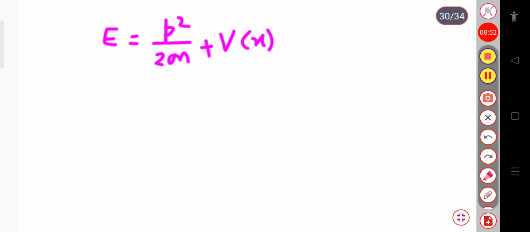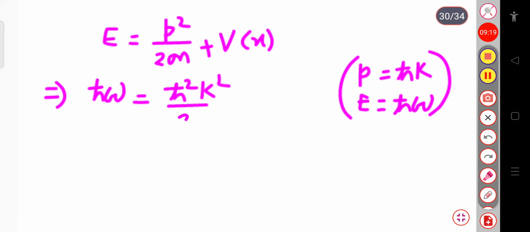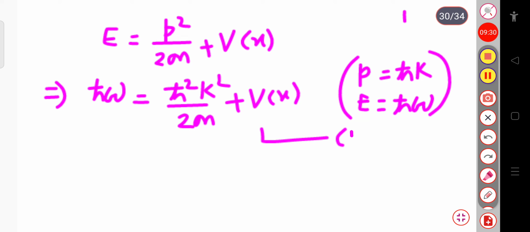We know the linear momentum p equals h cut k, and E equals h cut omega. So we have to put these values in this equation. Then E equal to h cut omega on the left hand side will be equal to h cut square k square divided by 2m plus the potential V of x. We will use this relation later. Let me call this equation 4.